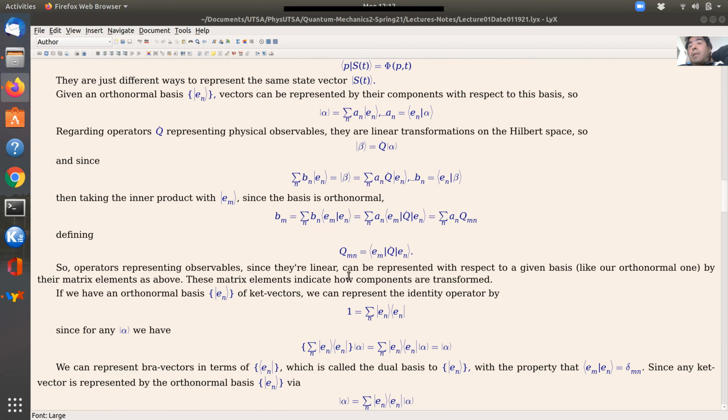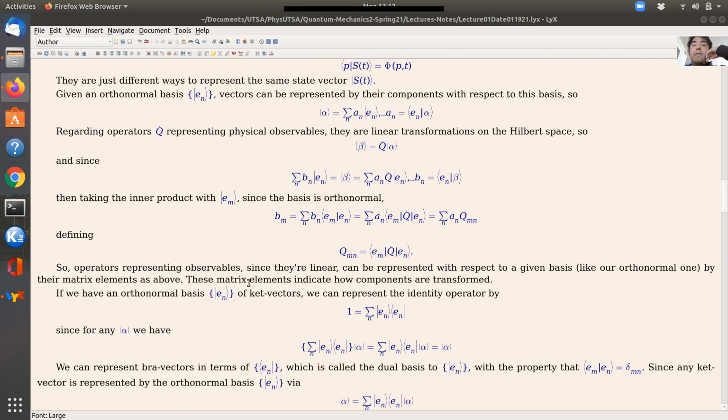And these matrix elements indicate how components are transformed, of course. This is actually the same way you would define matrices and its components for finite dimensional spaces. So keep in mind that analogy because it might at least make things easier to understand, even if the matrix and the vectors are infinite dimensional.